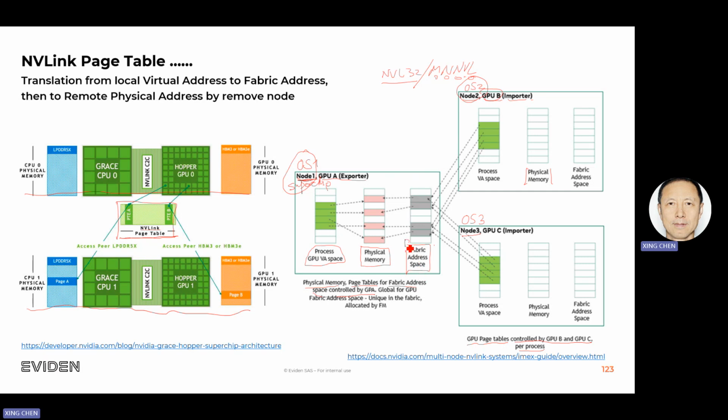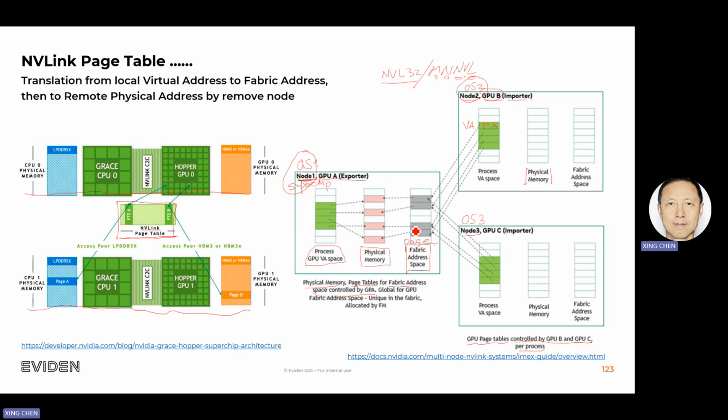And then in GPU B's page table, you can have an entry for its virtual address. You are going to have a mapping from virtual address to fabric address. And this fabric address will be mapped to this one.